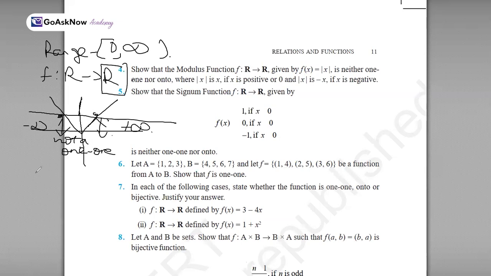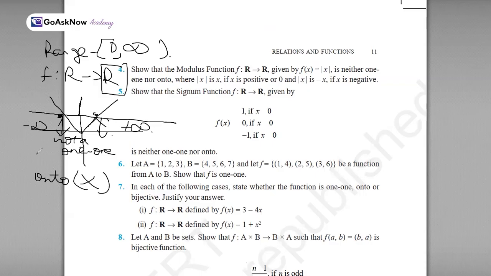So it is not an onto function. I hope you got this point, that the modulus function in question 4 is neither one-one nor onto.